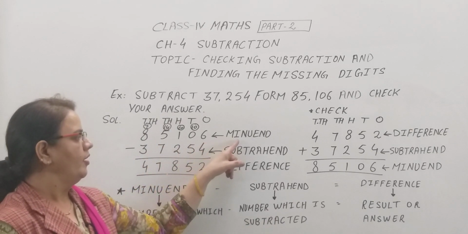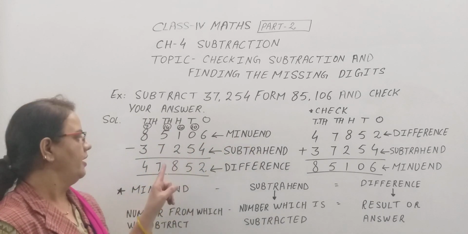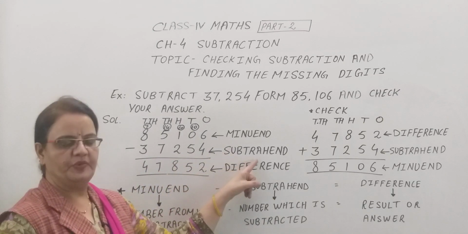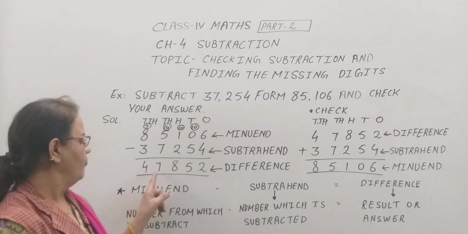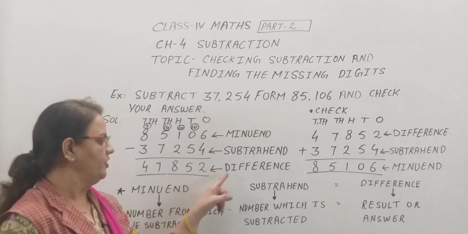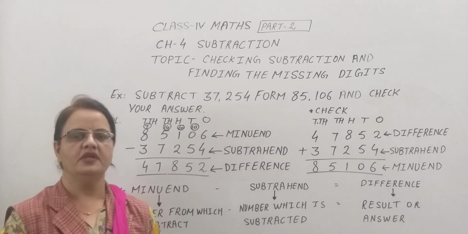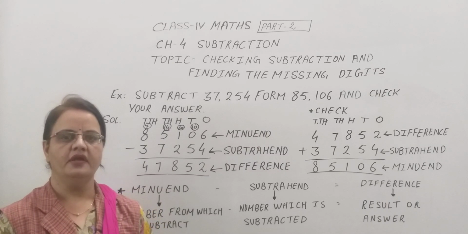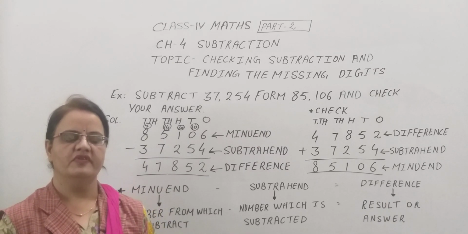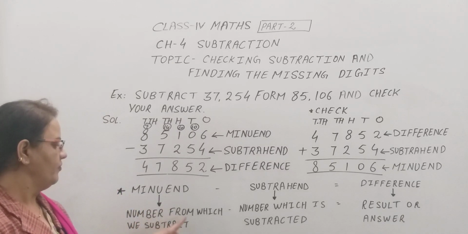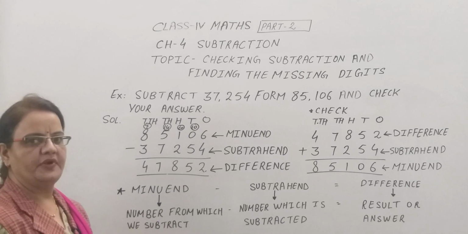85,106 is the minuend and 37,254 is the subtrahend and 47,852 is the difference. So students, what is the meaning of minuend, subtrahend and difference? Minuend means the number from which we subtract.